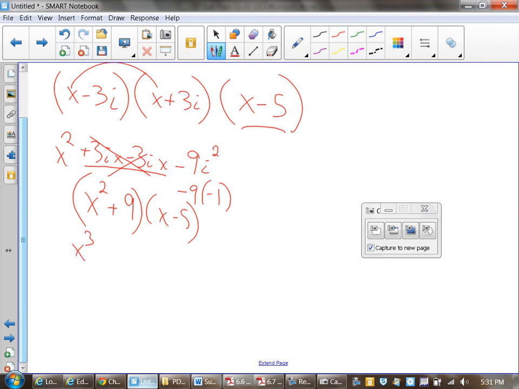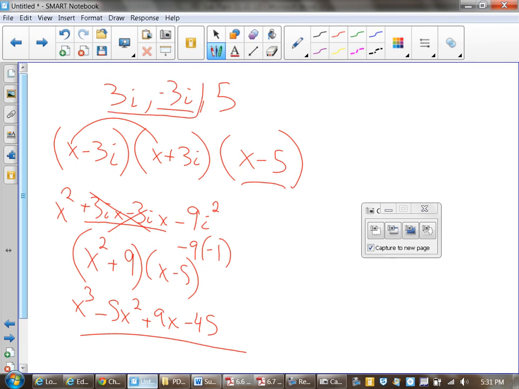Lastly, we get x cubed minus 5x squared plus 9x minus 45. And there's your answer. A trick here to remember is whenever you're dealing with a plus and minus i value, if it's plus and minus 4i, that means your term is always x squared plus whatever this number is squared. Always works. It's a nice little trick.